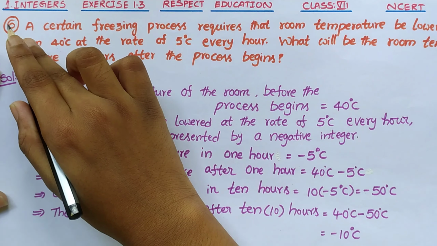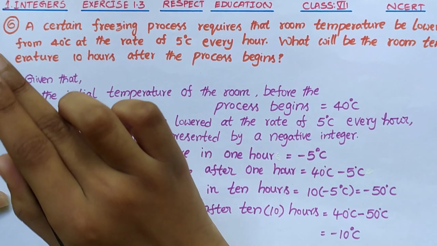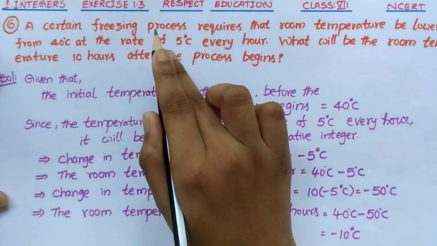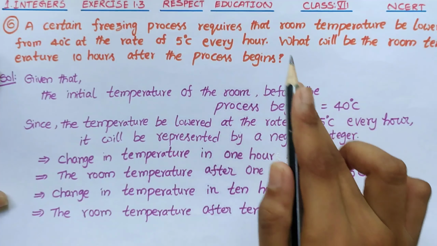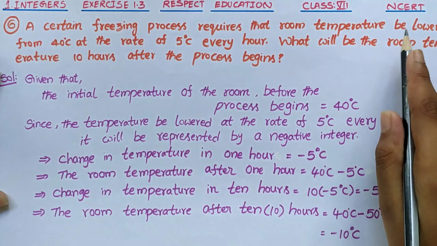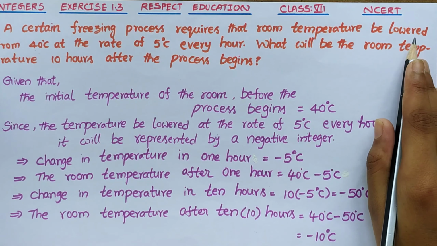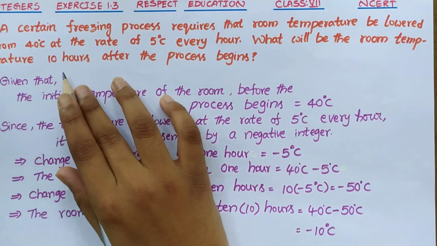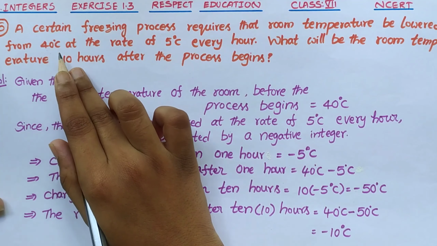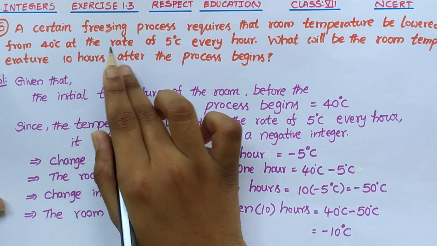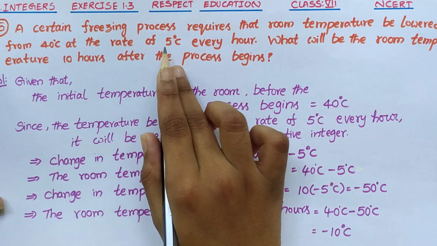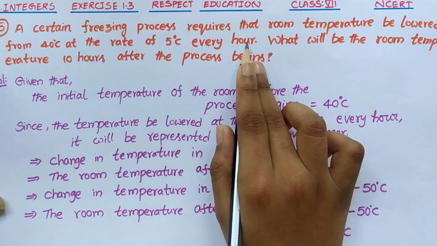Okay friends, now let us see question number 6. A certain freezing process requires that every room temperature be lowered from 40 degrees Celsius at the rate of 5 degrees Celsius every hour.